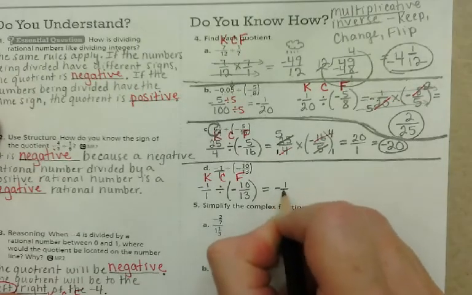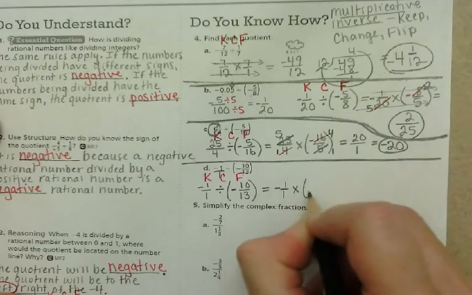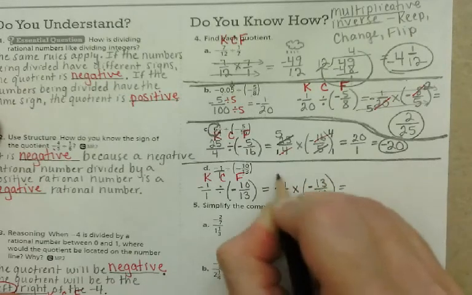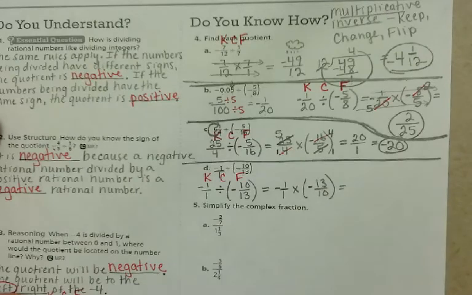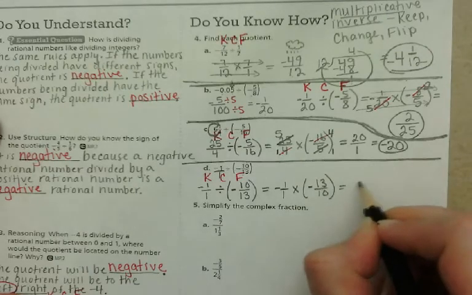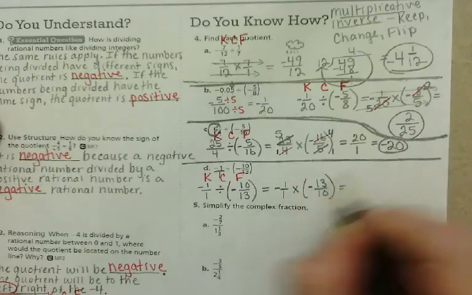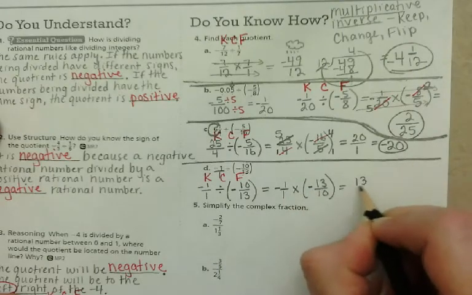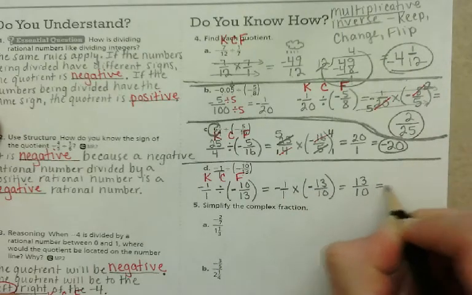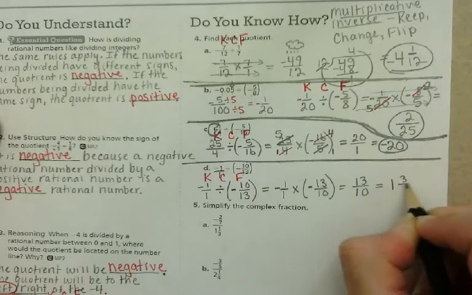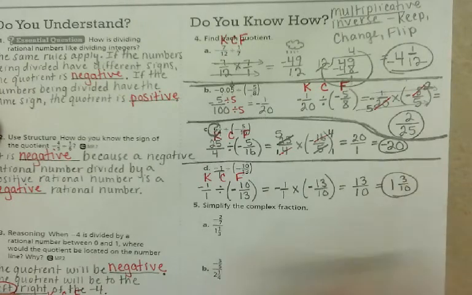So negative 1 over 1 times negative 13 over 10. We cannot cross simplify, so we're just going to multiply across. And a negative times a negative is a positive, so we're going to get 13/10, which is 1 3/10 as a mixed number, and it is positive.